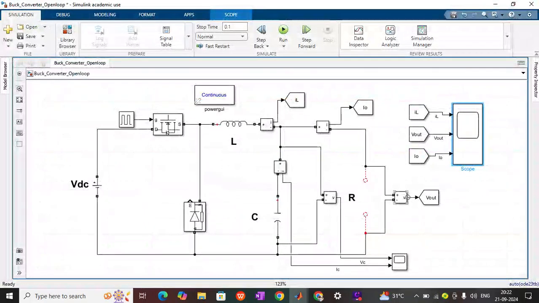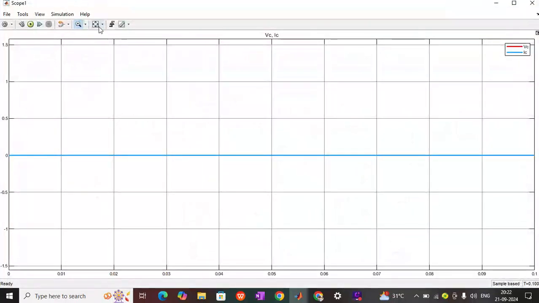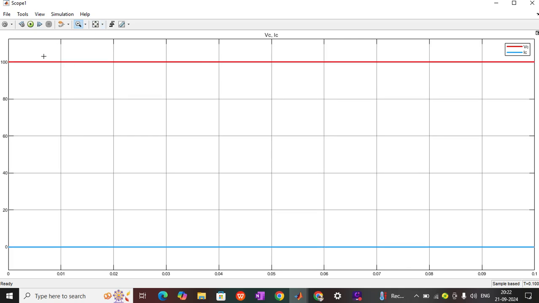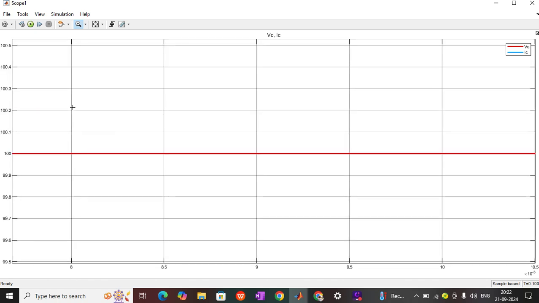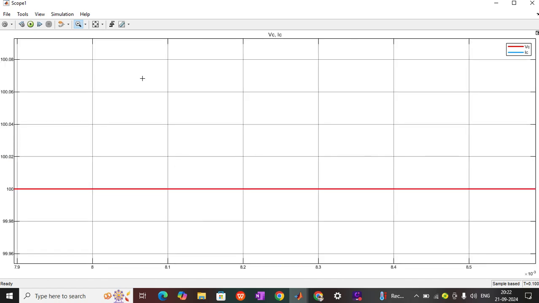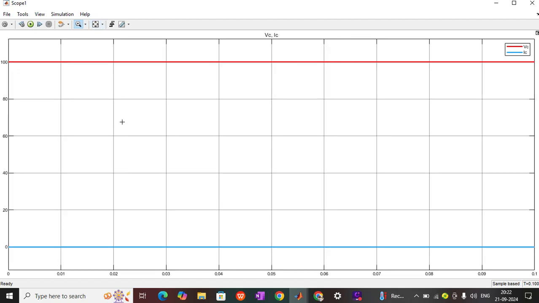So this voltage is nothing but the capacitor voltage, right? Let us see the figure of the capacitor voltage. Now we will see the capacitor voltage and capacitor current. What am I going to get? Just see once. For the buck converter, I am getting a constant 100 volt output, and the same Vout waveform is here.